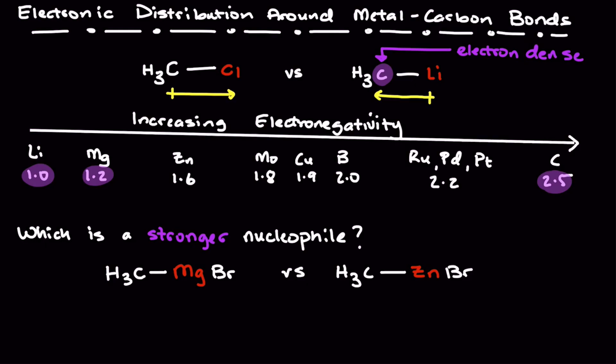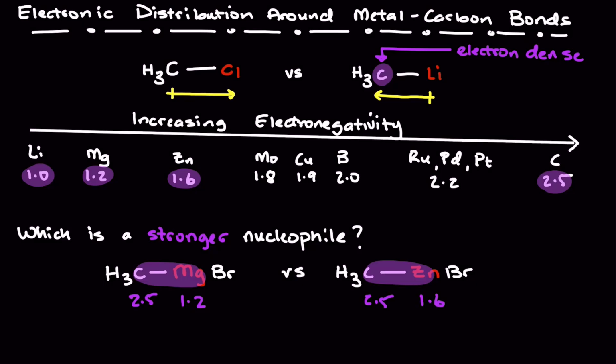Likewise, if we were going to ask which of these two organometallic reagents is a stronger nucleophile, what we are really comparing here is the relative polarity of that metal-carbon bond. We can evaluate this by looking at the difference in the electronegativity values for zinc and magnesium, and then comparing these values to the electronegativity value for carbon.